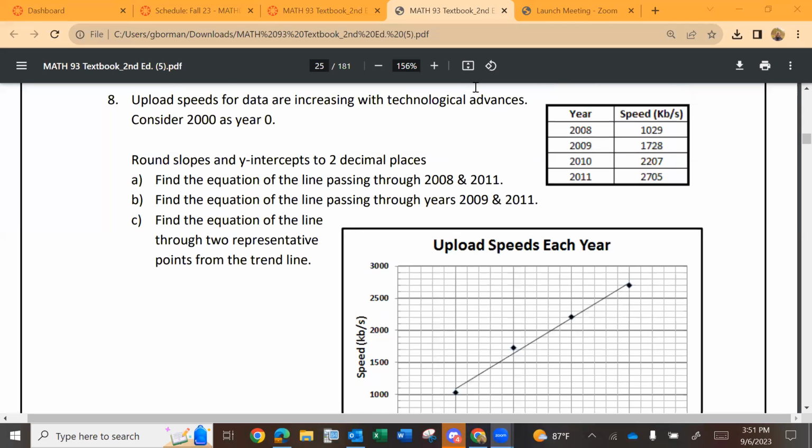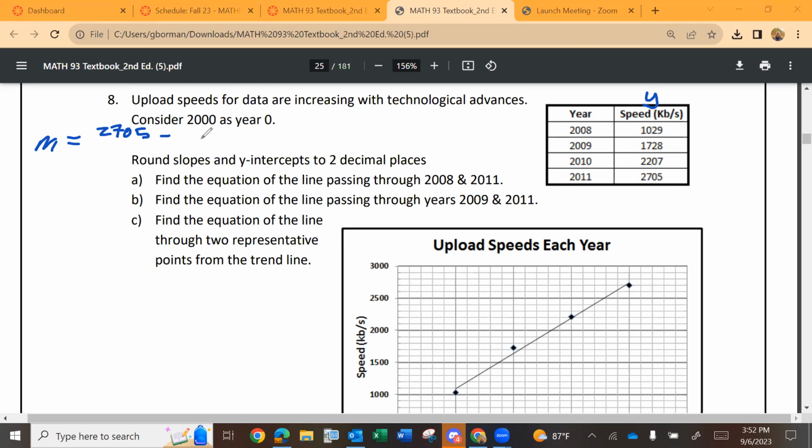So let's go get it. The slope, I'll just do it right here. Going from the 2008 point to the 2011 point will be the difference of the y values. Y is always on top.